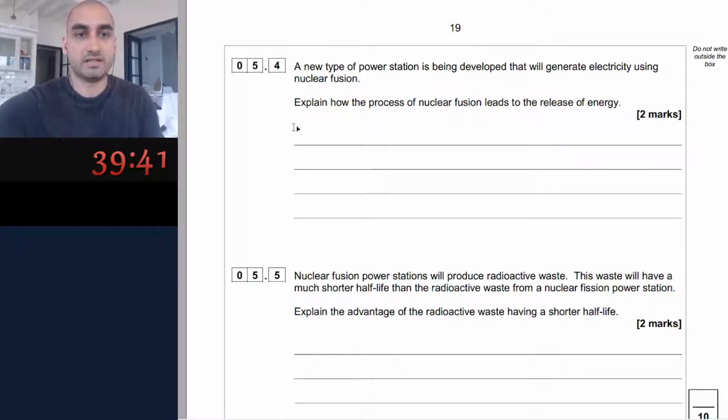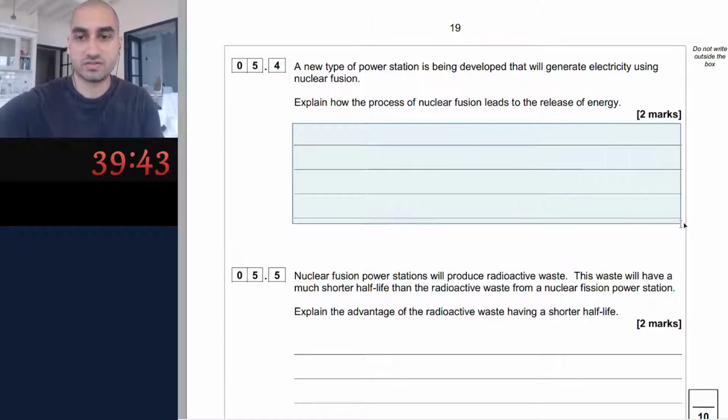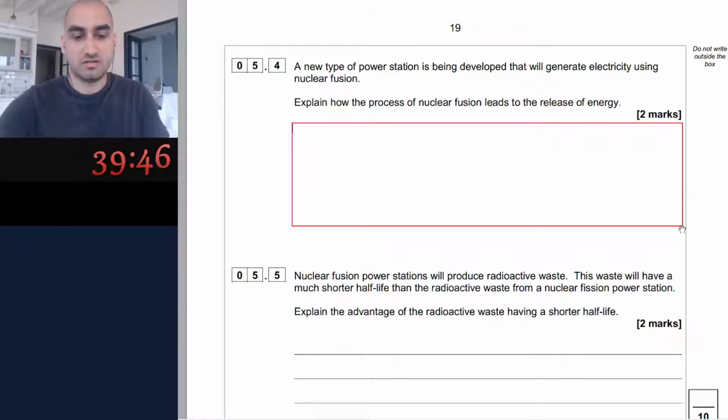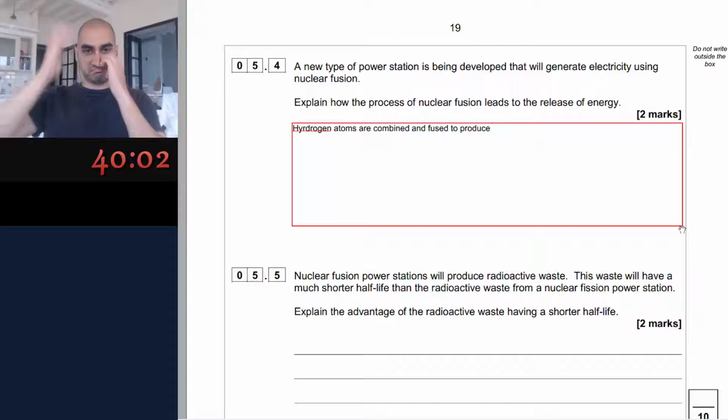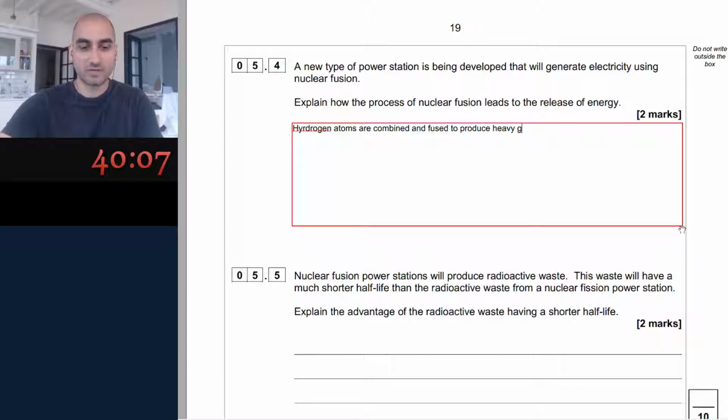Is that where you combine hydrogen atoms to produce... hydrogen atoms are combined and fused to produce what? Heavy hydrogen? Is that a thing? Why do I remember that? Am I thinking of something else?